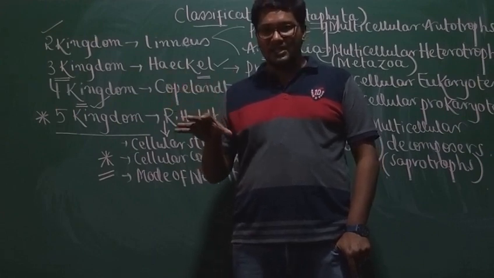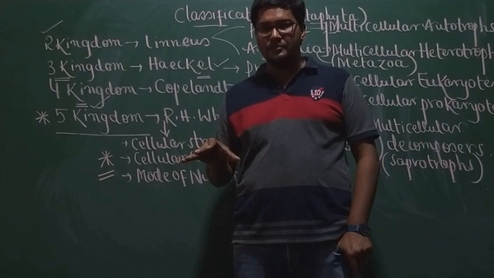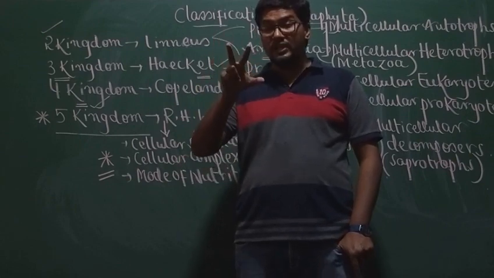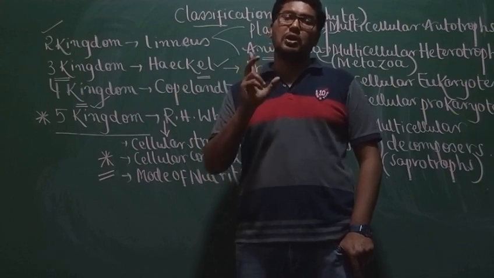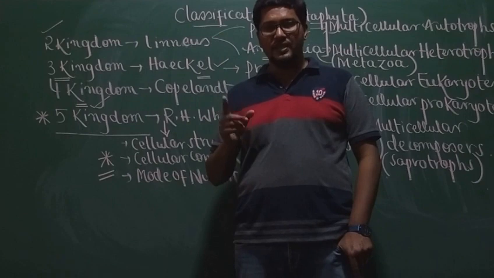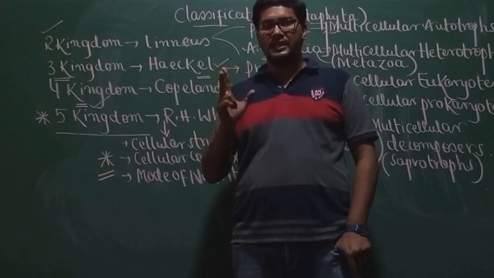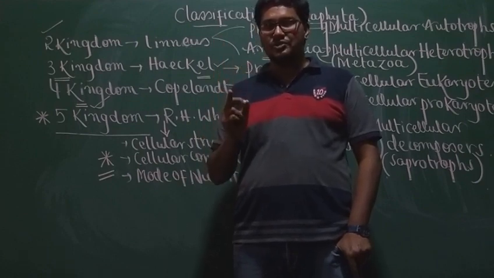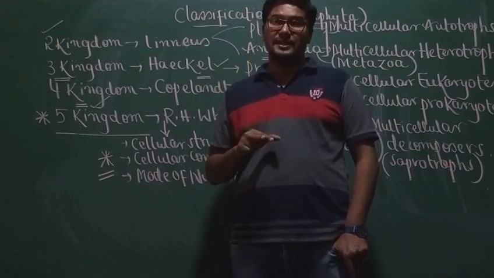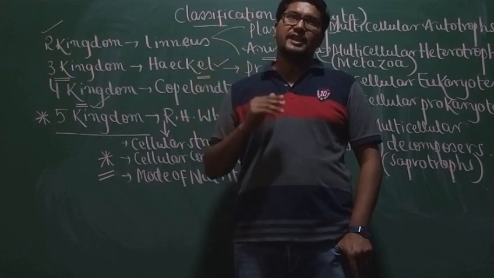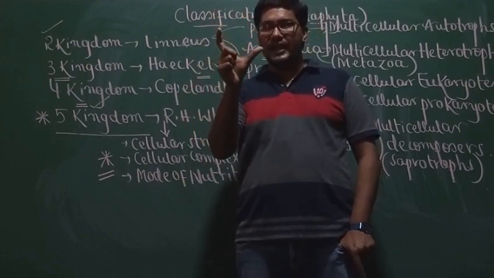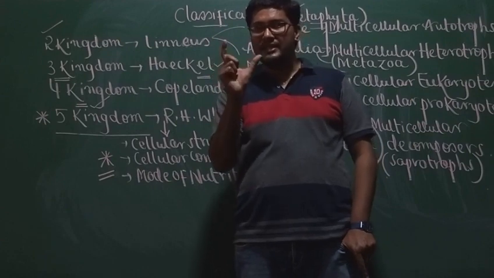It is the practice of giving distinct scientific names to organisms, and in each scientific name, two names should be present. The first name always represents the genus name, the second name represents the species name. The genus name should start with a capital letter, the species name should start with a small letter, and both names must be underlined separately.